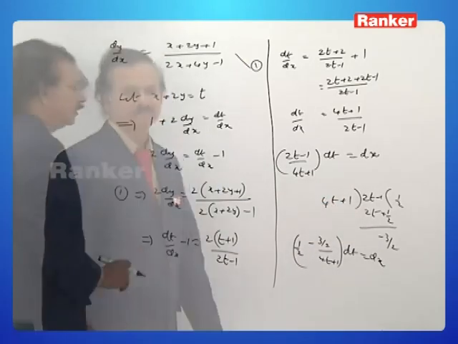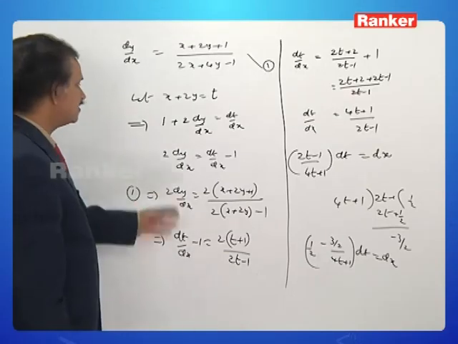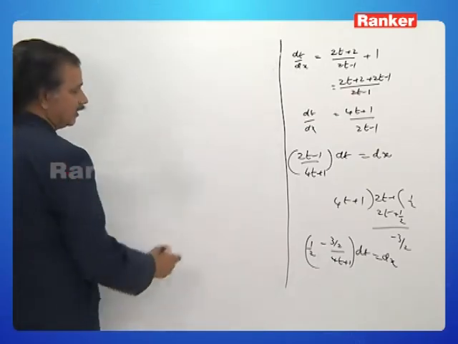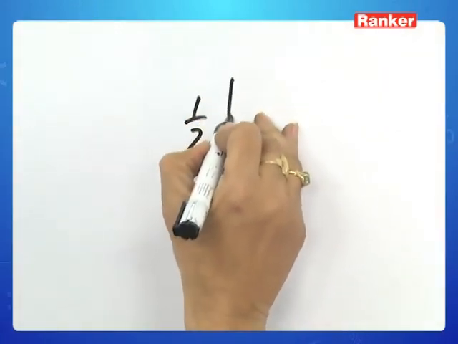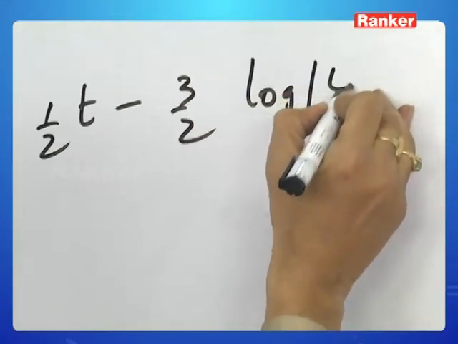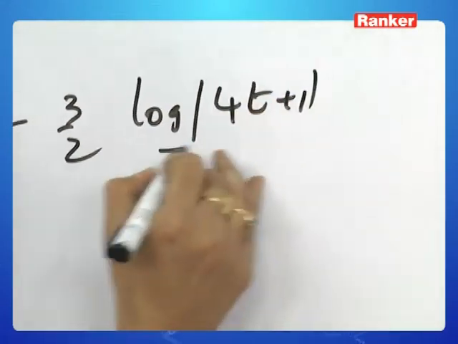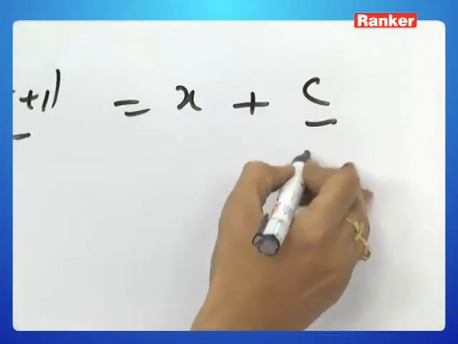You follow these steps. Now I remove these steps. While integrating, it is half into t minus 3 by 2 into log mod 4t plus 1 by 4 is equal to x plus c by 8.